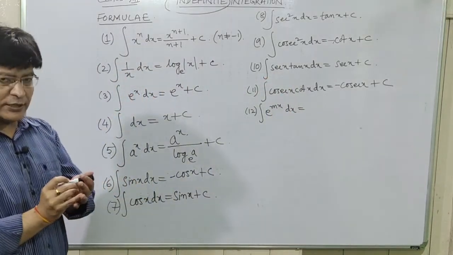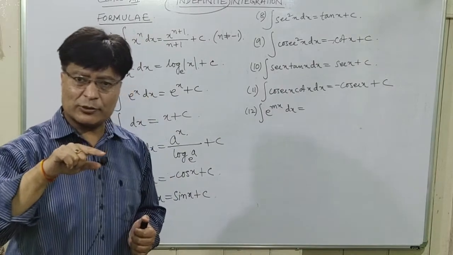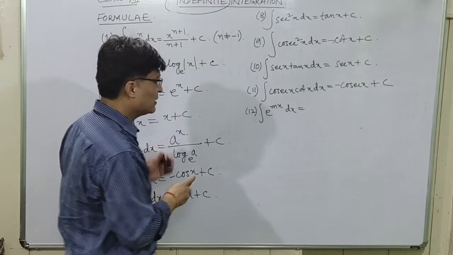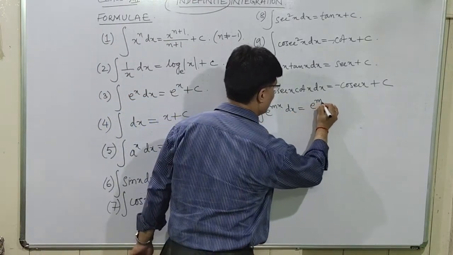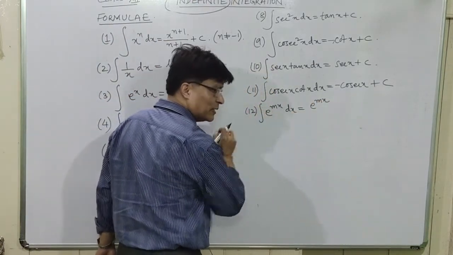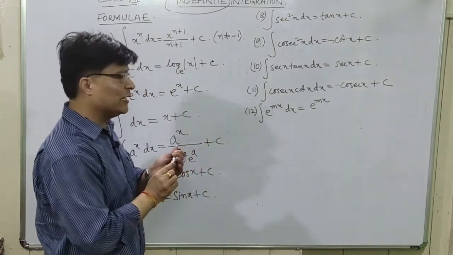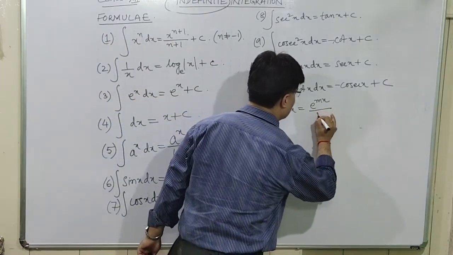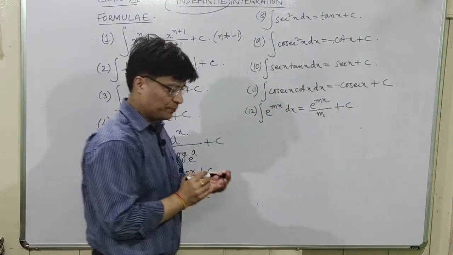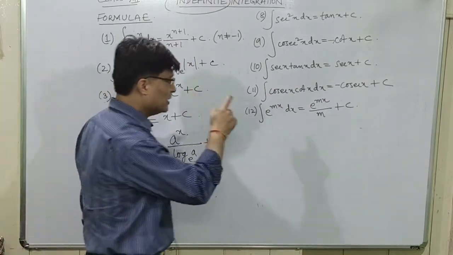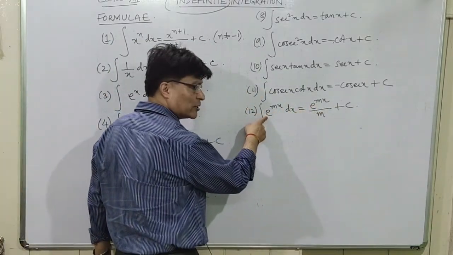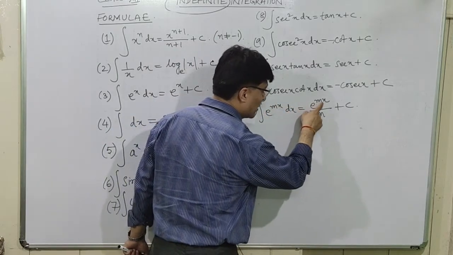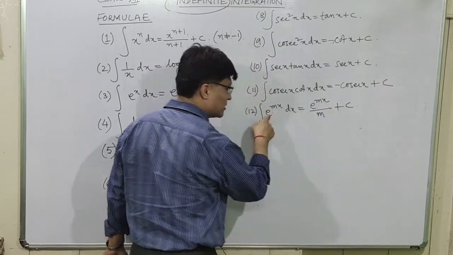Can you tell me what is this integration? E to the power x को integration e to the power x हुन्छ भनेर हामीलाई याद छ यसबाट. त यसमा के गर्नु पर्यो? e to the power mx हुन्छ. तर यहाँ m पनि छ. डिफरेन्शिएसनमा हो भने e to the power mx into m हुन्छ. तर इंटीग्रेशनमा हामी के गर्छौं? e to the power mx divided by m plus c लिन्छौं. किनकि यदि तिमीले यसलाई डिफरेन्शिएट गर्दा चाहिँ यो e to the power mx आउनु पर्यो नि त. यहाँ यसलाई डिफरेन्शिएट गर्दा के हुन्छ? 1 upon m भयो, e to the power mx into m, अनि m m क्यान्सल भयो, के आउँछ? e to the power mx.